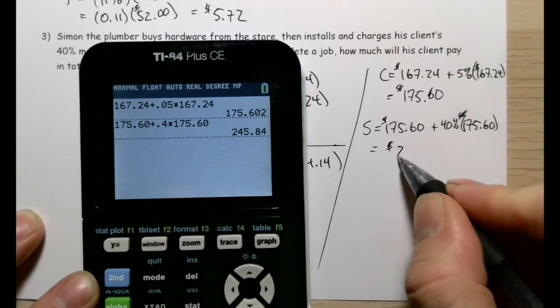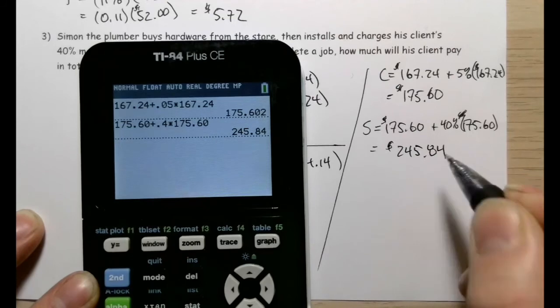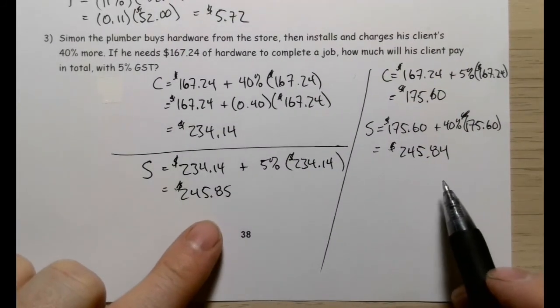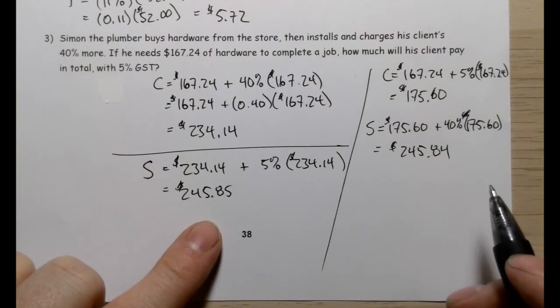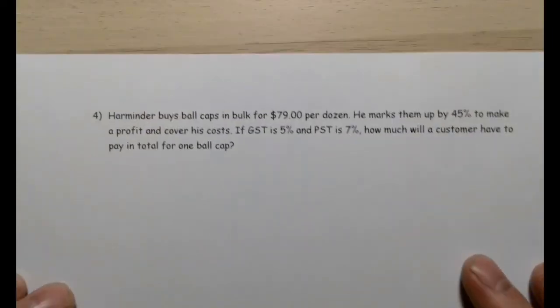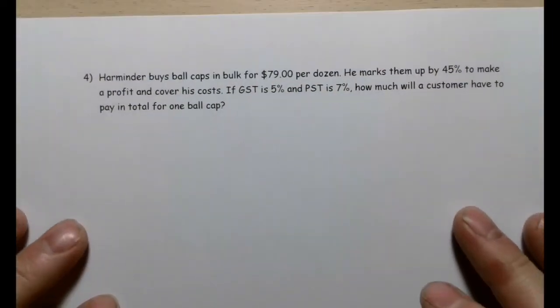How much does he pay per cap here? So per cap here, he's going to pay $79 per dozen. We're going to divide that by 12. I just did that over my calculator. $6.58. Okay, rounds to $6.58.